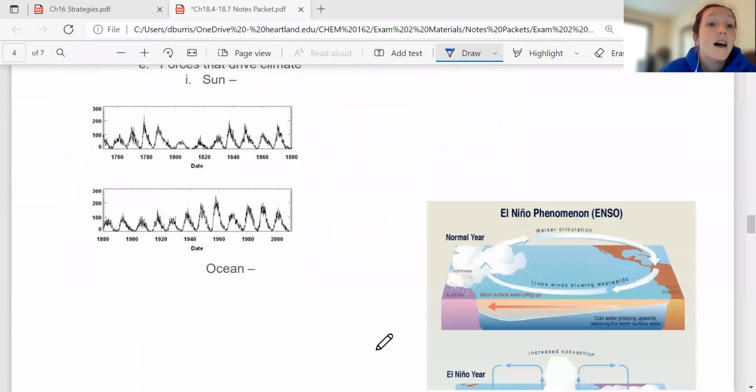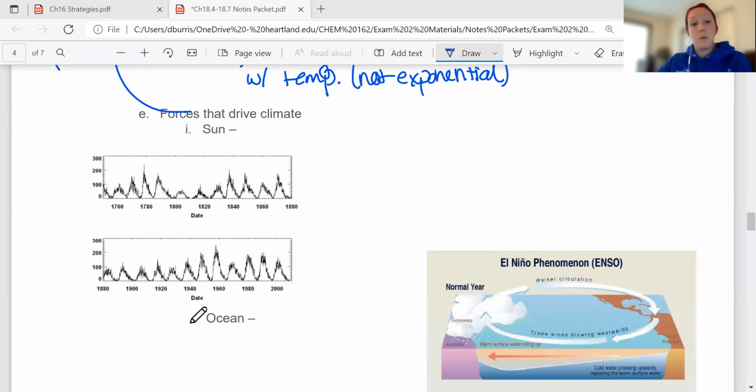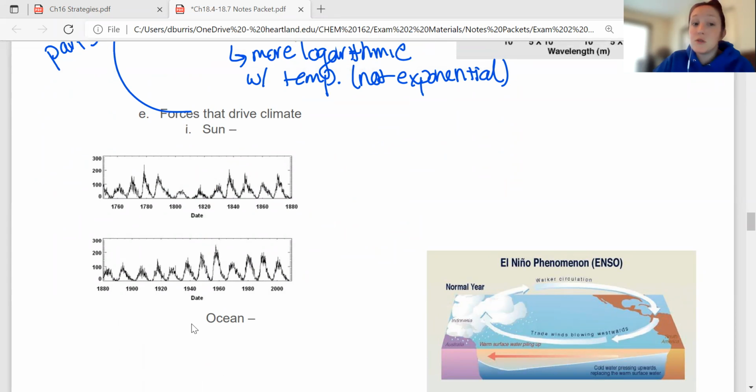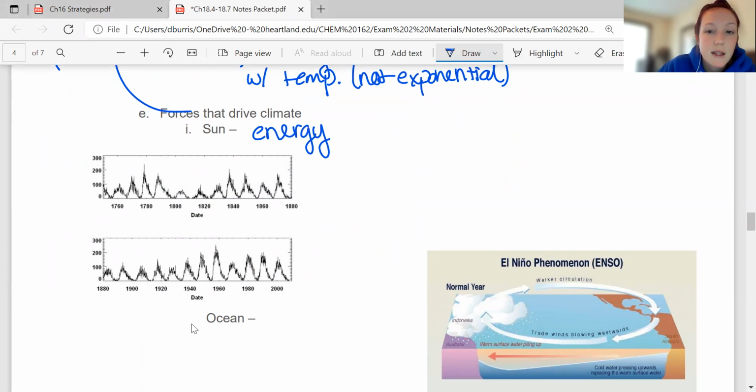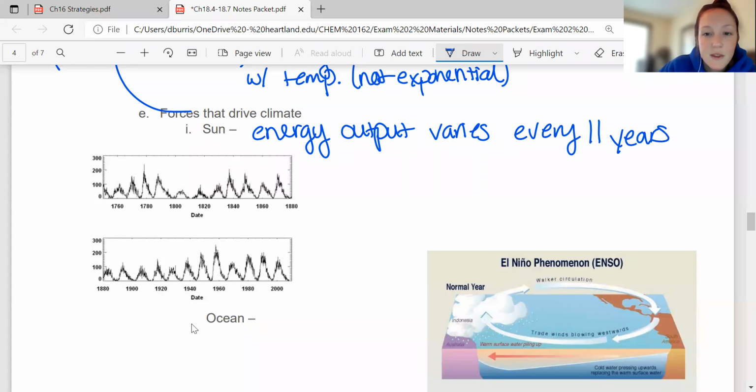So the other forces that drive climate change, and actually the main forces, are going to be the sun and the ocean, which of course covers most of our world. So the sun, you probably already know, has cycles of sunspots. So it actually produces different amounts of energy at different times. Its energy output varies every 11 years with sunspot activity.